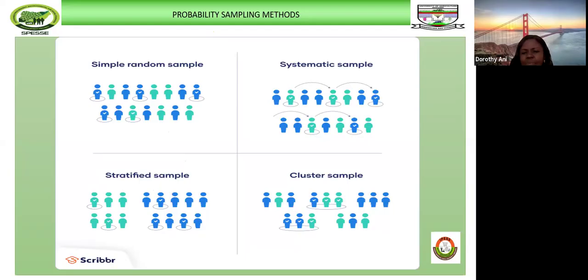Clustered. In clustered, you can see them here. It's like this other group, blue is there and green is there, one group. Another place, blue is there, green is there, right? So there are so many, and they are in clusters. So I can choose 2 or 3 clusters to represent the whole of the clusters, because I cannot study all of them.